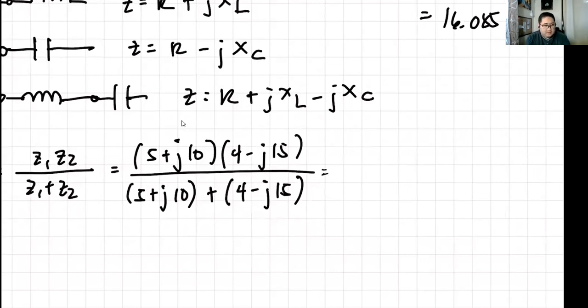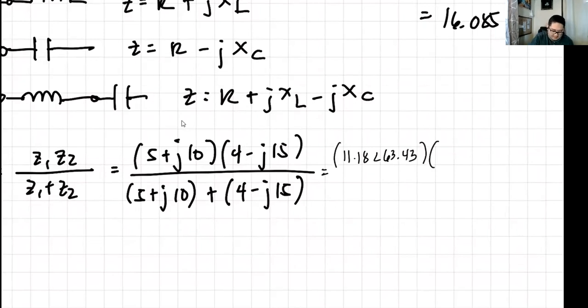So, ito, change natin to. So, 5 plus 10i, again, sa polar form is 11.18 angle of 63.43. Okay?